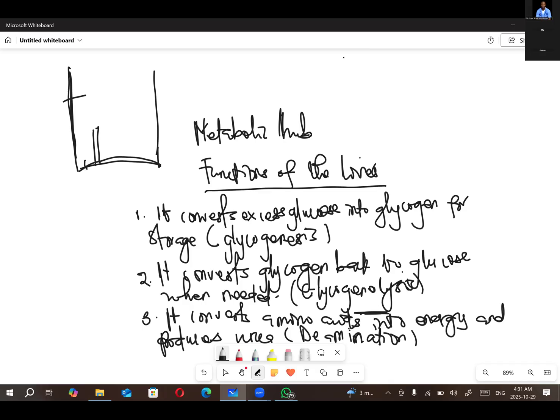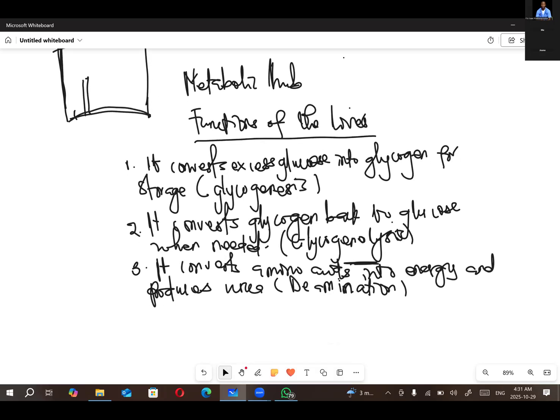You see them there. So deamination is when the amino acids are converted to energy and urea is also produced. Yeah, that's deamination. All right, let's continue. Now, another function of the liver is detoxification.